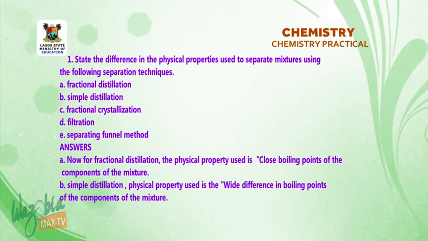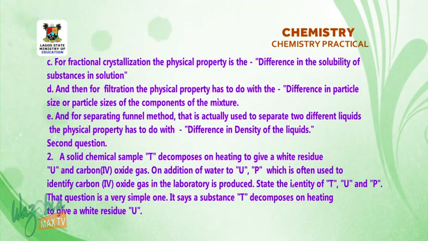E. Separation funnel method. Now, for fractional distillation, the physical property used is closeness in the boiling points of the components of the mixture. Simple distillation, the physical property used is the wide difference in boiling points of the components of the mixture. For fractional crystallization, the physical property is the difference in the solubility of the substances in solution.